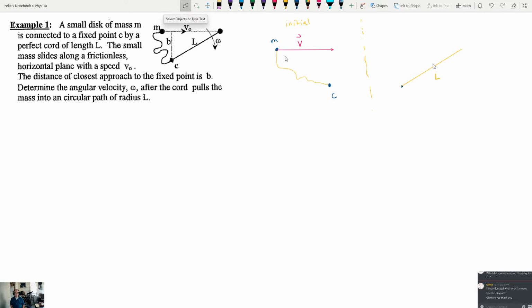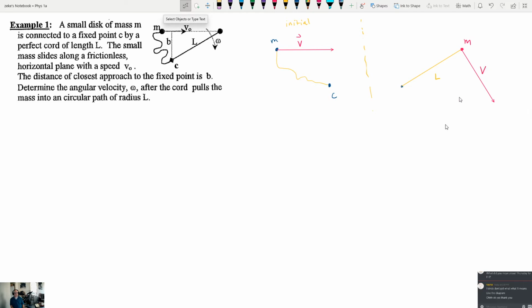At this point, the mass is going to change its direction due to the string, and its velocity vector is going to point this way. It should be at right angles. I'll try to make that angle right. Something like that.